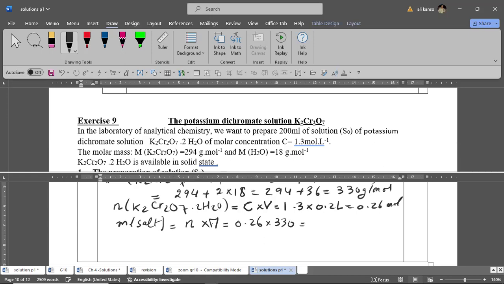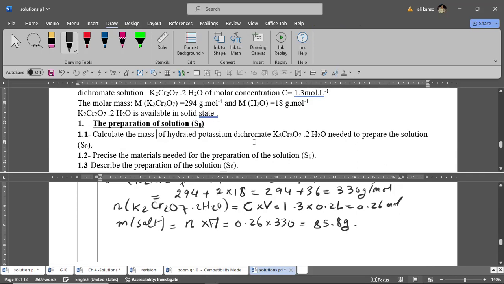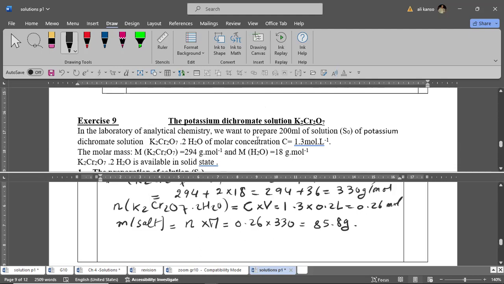We can use the calculator, 0.26 times 330, we get 85.8 grams. Okay, this is the first question: calculate the mass of the hydrated salt, potassium dichromate, needed to prepare this solution, 200 milliliter.